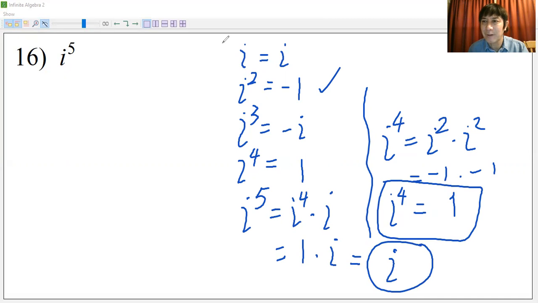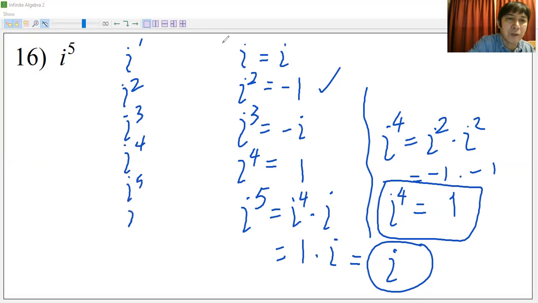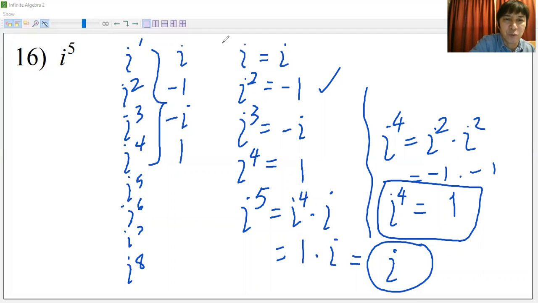So you should be able to see the pattern. It's always by 4. i to the 1, i to the 2, i to the 3, i to the 4, i to the 5, i to the 6, i to the 7, i to the 8. For the first 4, that is i, negative 1, negative i, positive 1.